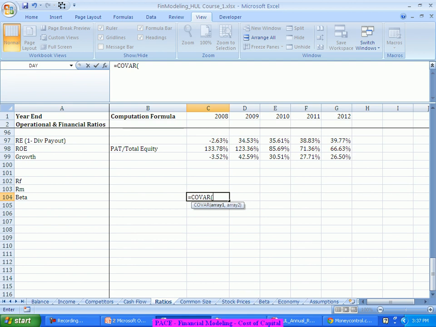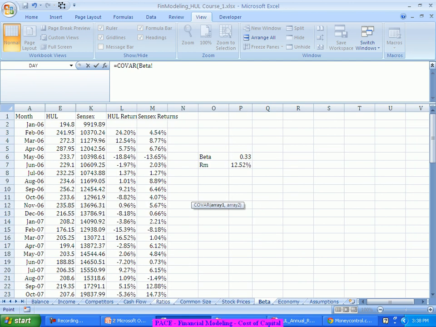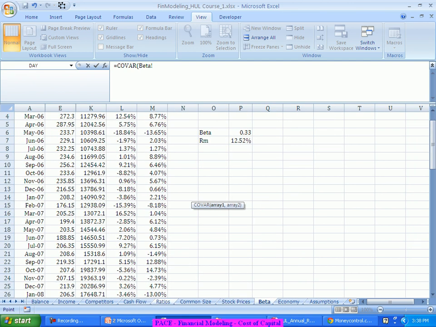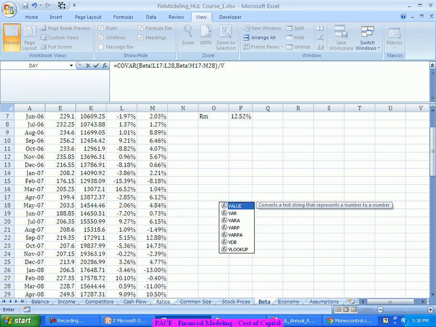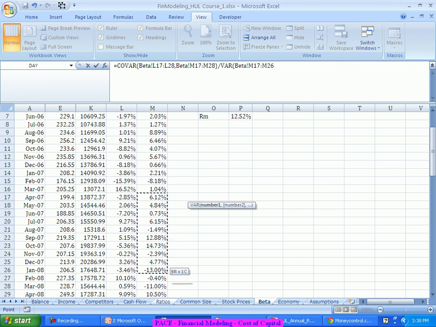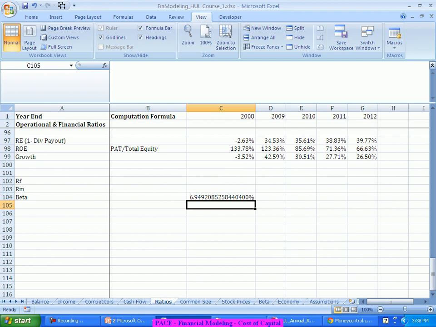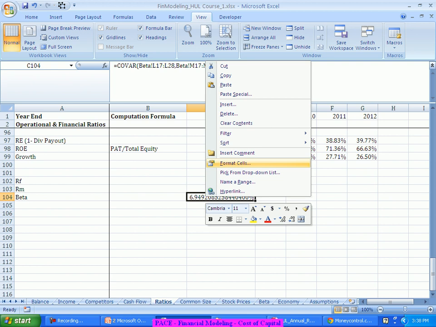So take the numbers only up to that period. 2007 April to 2008 March. These are the numbers. The security returns, comma, market returns, divided by the variance of the market returns. So for each year, you can actually do the beta calculation separately also.